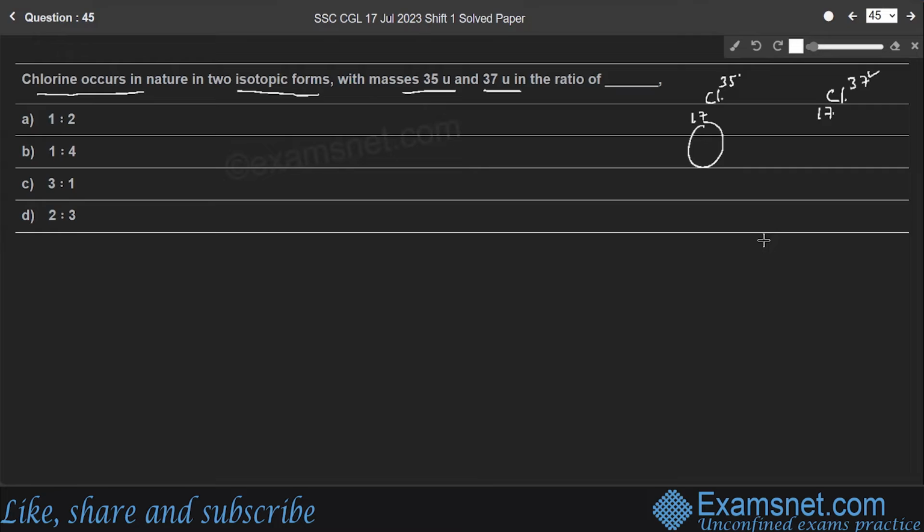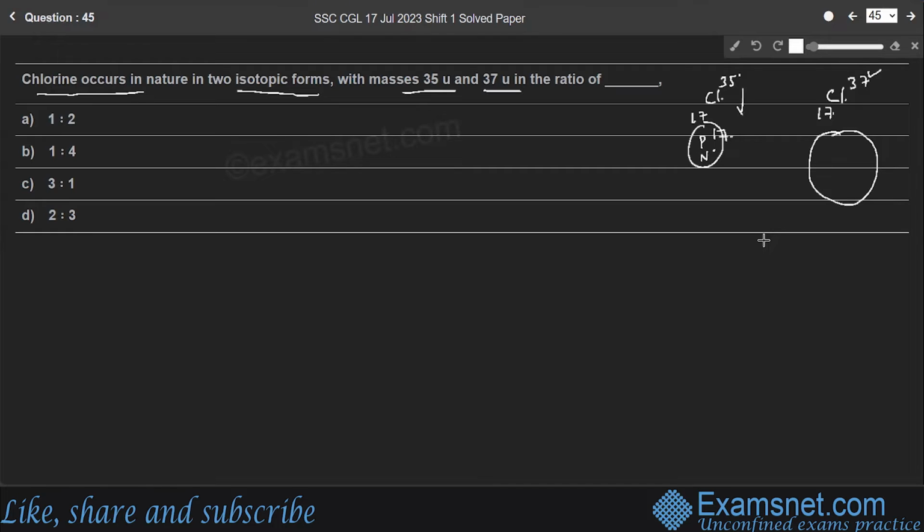This different mass indicates the second isotope of chlorine has different neutrons, right? In the nucleus we have protons and neutrons. Atoms which have the same number of protons, which is 17.